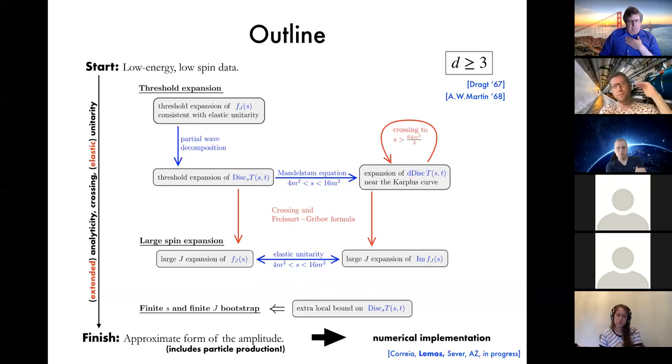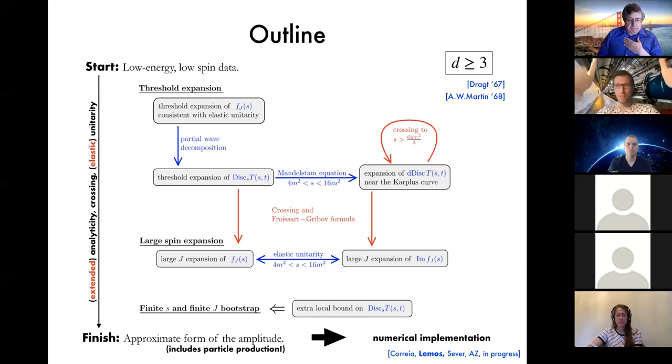We will start from low energy, low spin data, something that is measured in experiments, scattering lengths of partial waves at low energies, and we try to fix the whole amplitude, of course with some error in terms of this data. After we have done that, we can try to implement it in numerical codes, and as I will explain, this will also lead to particle production.